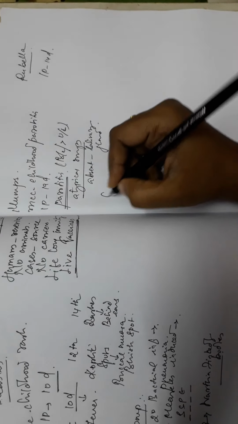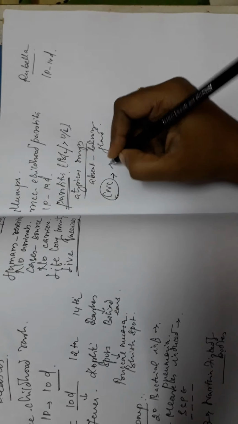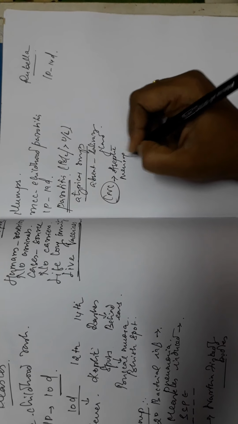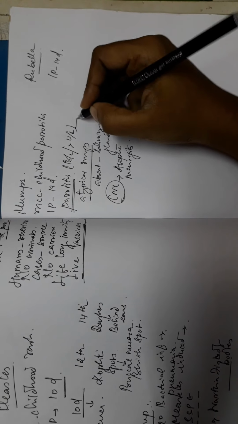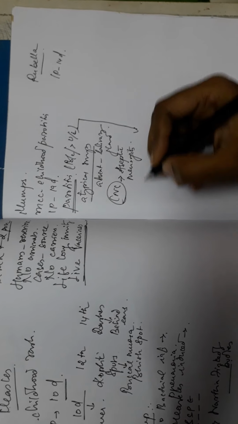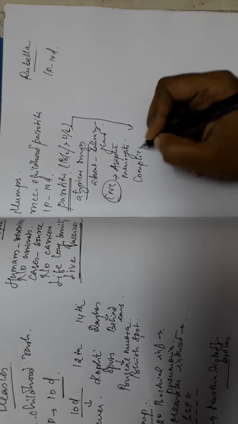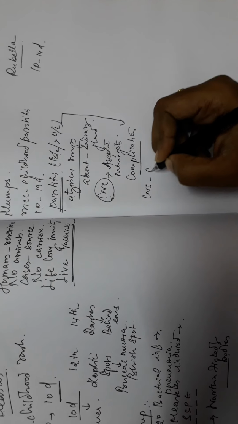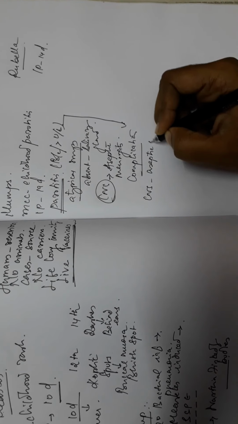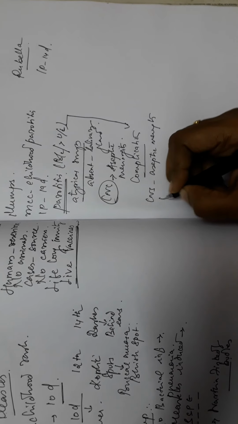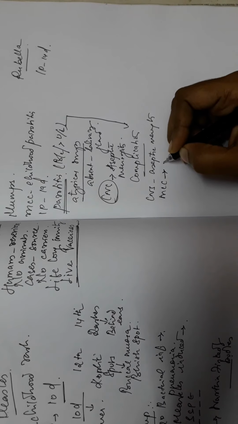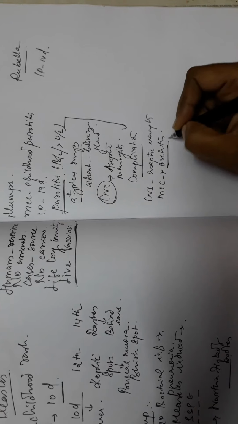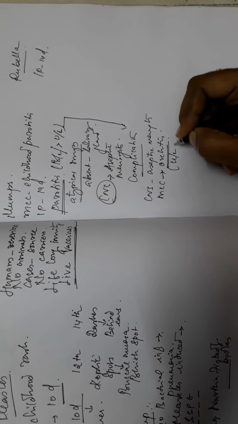Instead of that, the patient directly develops the CNS manifestation, that is aseptic meningitis. So the complication in the CNS is aseptic meningitis. The most common complication will be orchitis, which is usually unilateral.